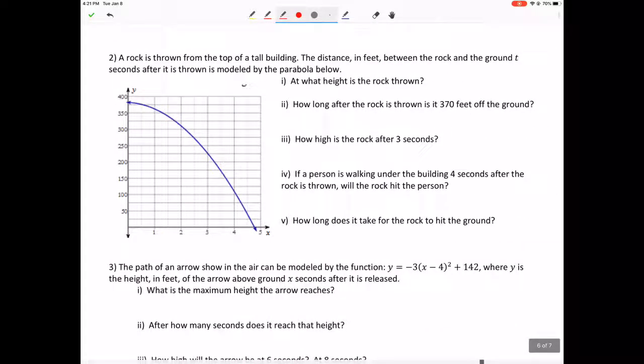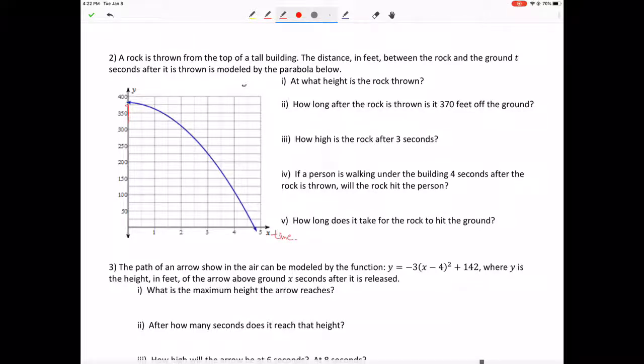All right, so let's go do another one. A rock is thrown from the top of a tall building. So here's our building, okay? And the distance in feet between the rock and the ground, t seconds after it's thrown, is modeled by the parabola below. Okay, so this is time. This is not where it's landing.